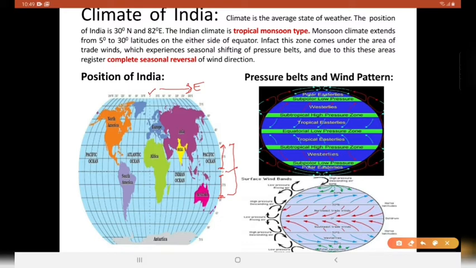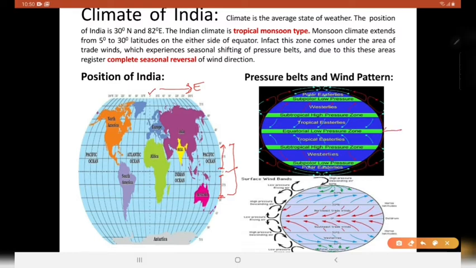In fact, this zone comes under the area of trade winds, which experiences seasonal shifting of pressure belts, and due to this, these areas register complete seasonal reversal of wind direction. At equinoxes, the sun shines vertically on the equator.